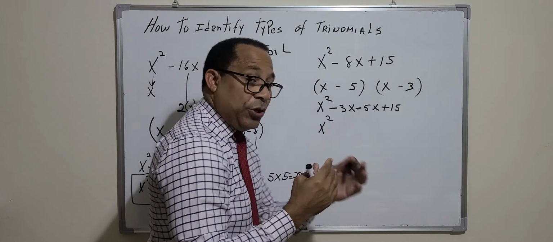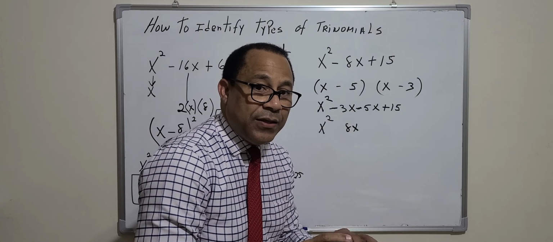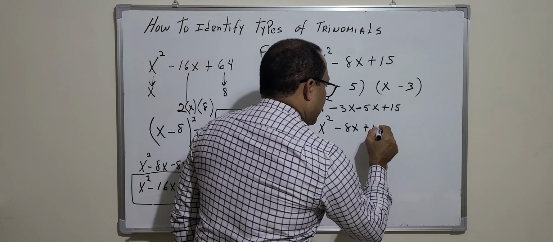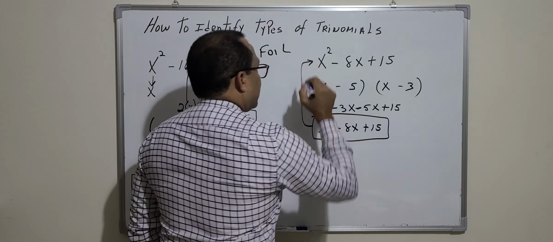So I'm going to add 3x and 5x, which is 8x, and I copy the same sign. What same sign? The negative sign. It's the same one for both. And then just bring down the positive 15. And here it is.